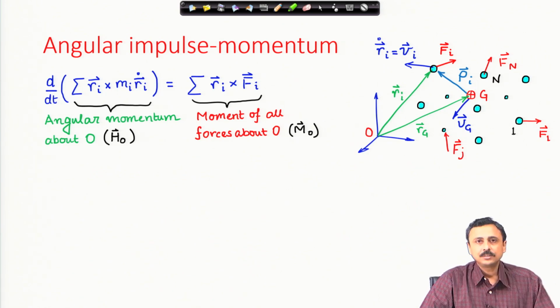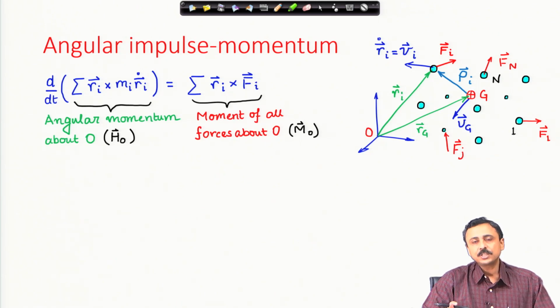This equation, which we have derived starting from Newton's second law, is now a new equation. It tells us about the change of orientation, as we will see very soon, through the rate of change of angular momentum. So, it has something to do with the orientation of the system.